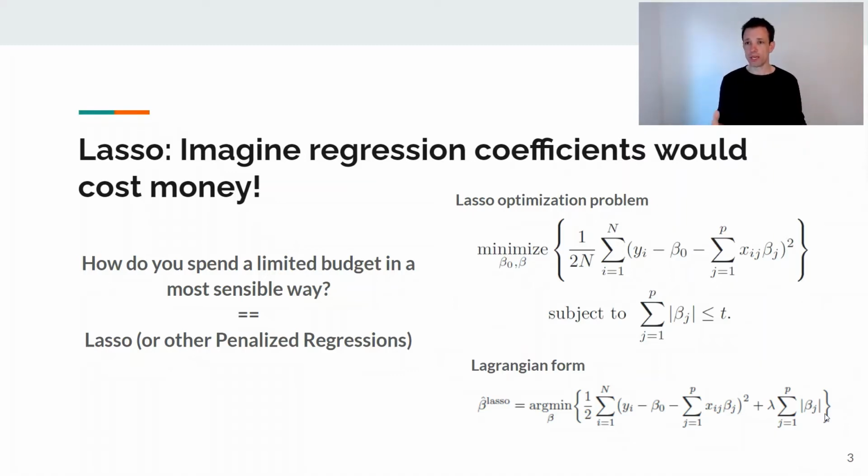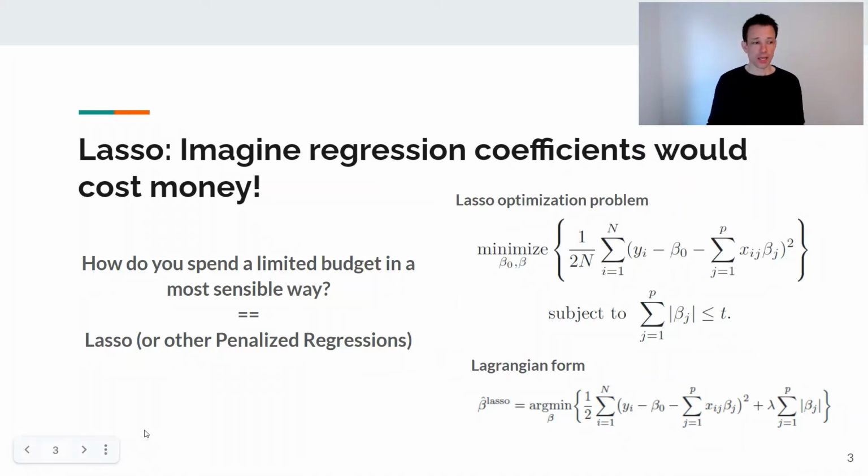Which in microeconomics would be equivalent to the shadow prices. So that is the basic idea of LASSO and also the formal representation.